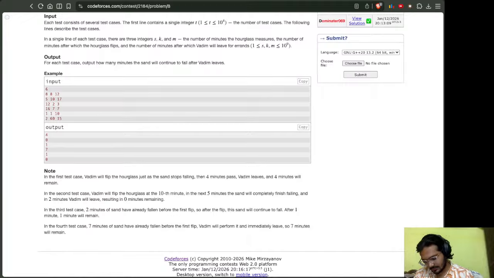Okay, so here the window size was too large for the 4-minute window, so we didn't flip. Whatever was left was subtracted from the reserve. So reserve was 8, and the time wasted was the difference between m and k, m minus k waste.